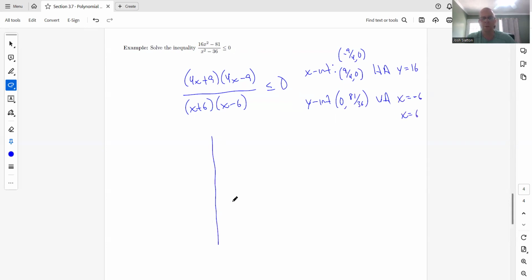Right, so let's sketch the graph, and I will cheat again. So we'll draw our asymptotes. We have the horizontal asymptote way up here. And so let's see what this graph looks like.